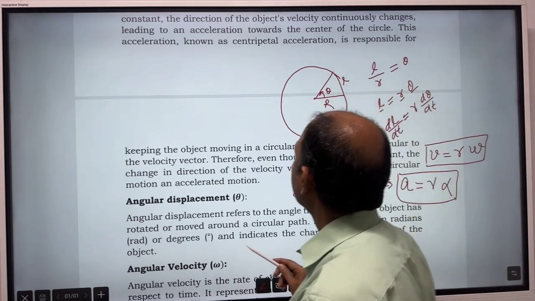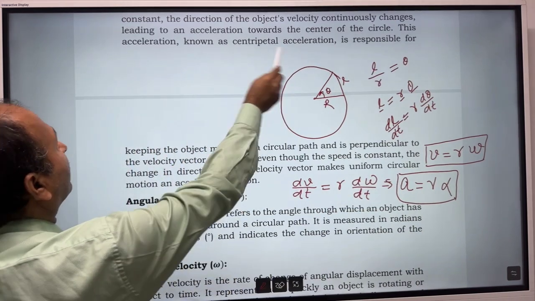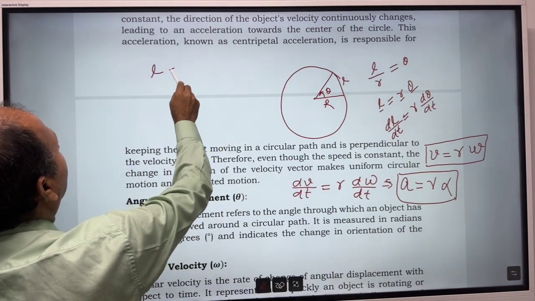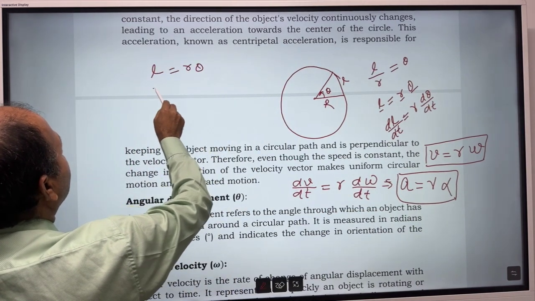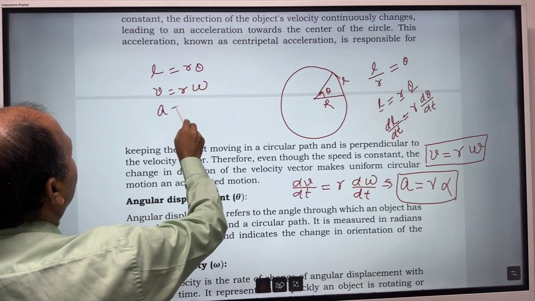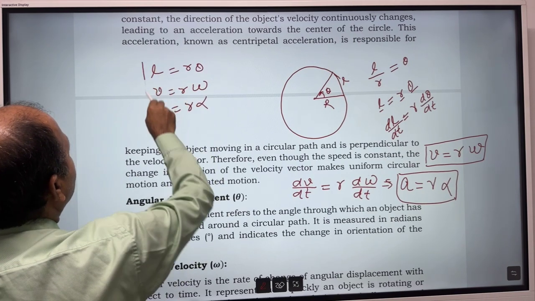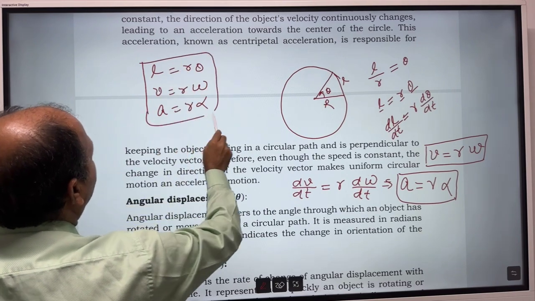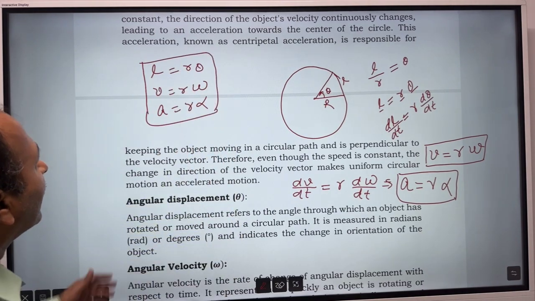So we have got the relations. First relation is L equal to r theta, second relation is v equal to r omega, and third relation is a equal to r alpha. So these are the relations that we are going to make use of.